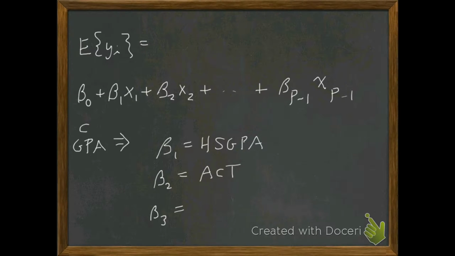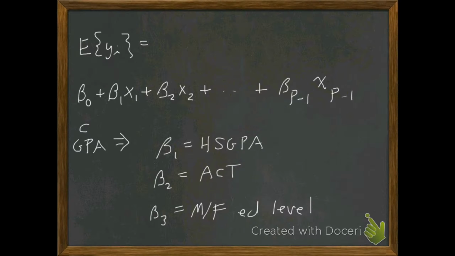Beta 3, which actually, believe it or not, is a very good predictor of college GPA, is mother's and father's education level. So we could come in with as many predictors as we like. We looked earlier at a simple linear regression model where we would predict the miles per gallon of a car. And you might think of multiple predictors we could use there, including weight, horsepower, and different things.